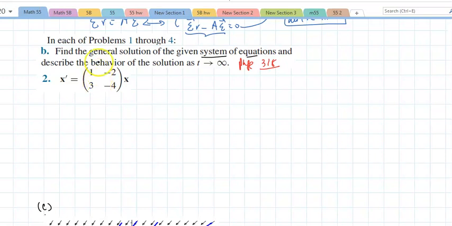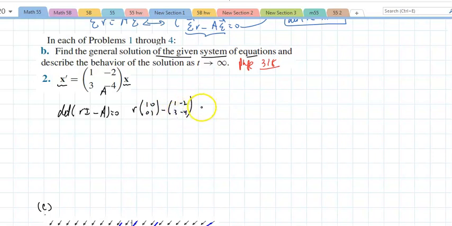If I look at B, it says find the general solution of this system. So this is x prime, this is x, and this is A. I find the determinant of RI minus A equals 0. The I for a 2 by 2 is 1, 0, 0, 1, minus A, which is 1, negative 2, 3, negative 4.